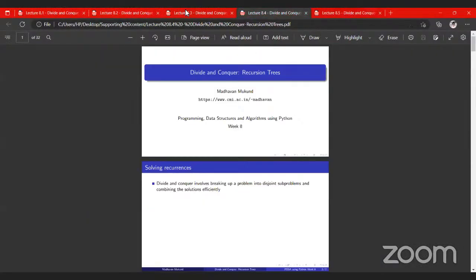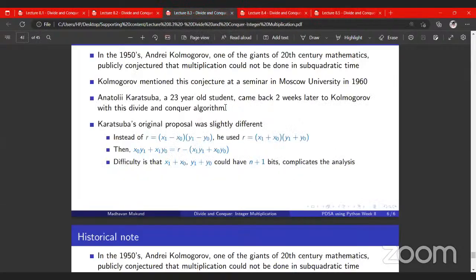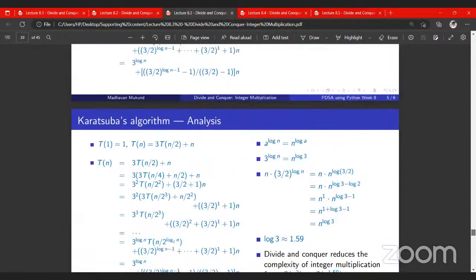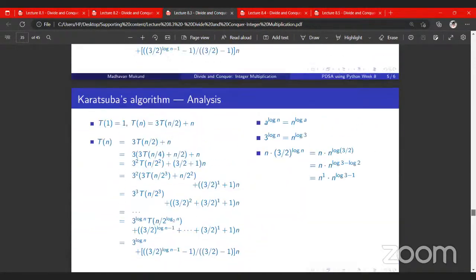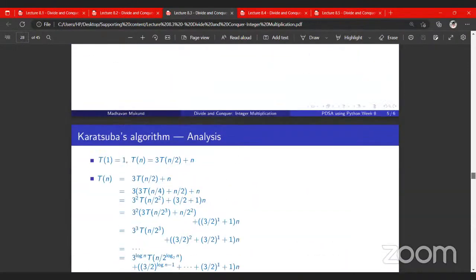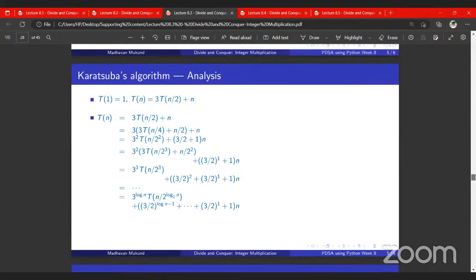If you see the Karatsuba algorithm, this is a recursive algorithm, so we got some recurrence relation. After that, we expand this recurrence relation by putting in the value each time, and we finalize the solution mathematically by solving this expression.